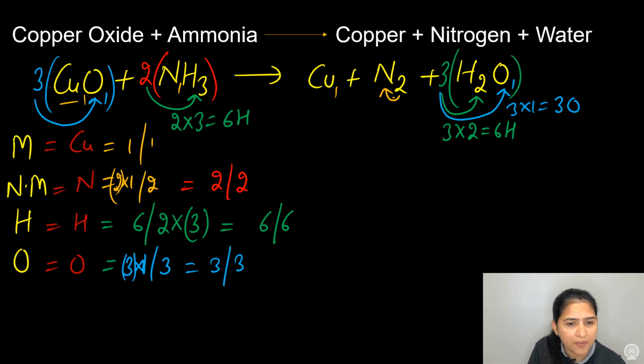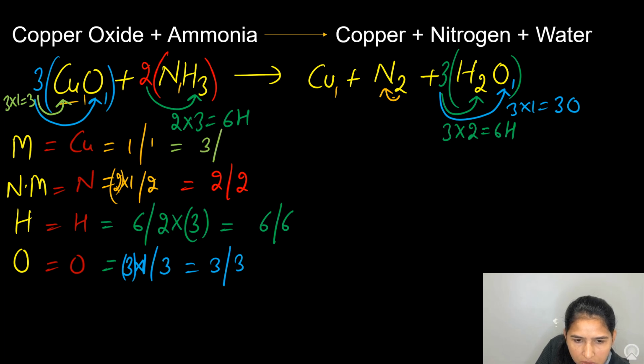Now wait, while doing it, you can see we have disturbed our copper. Now you have 3 times 1, that will become 3. So now it changed into 3 of 1. To make it the same, I will make it times 3 on the right hand side, so I will write down 3.